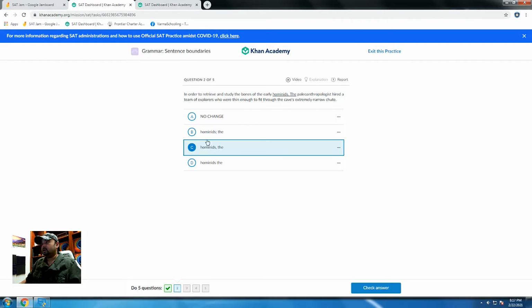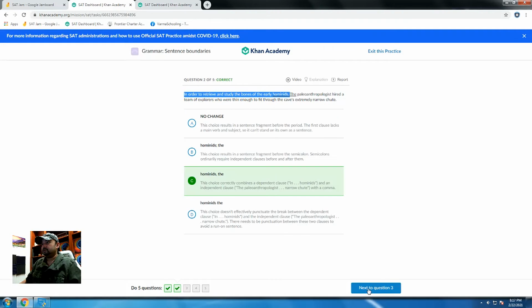It should still be a comma, because this part here is a fragment of the sentence. See, I almost made a mistake. I thought this was a full sentence. So it's definitely this, because it's fragment, comma, finisher. Dependent clause, comma, independent clause. Yep, it says right here, dependent clause, independent clause.